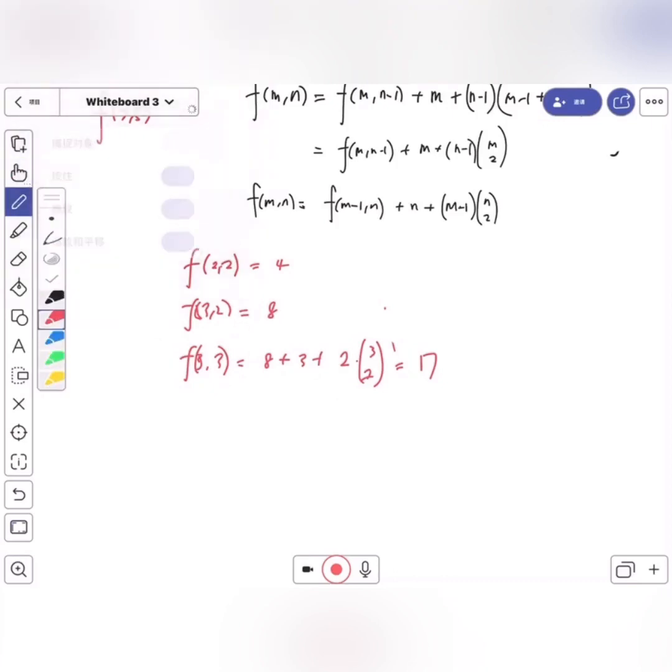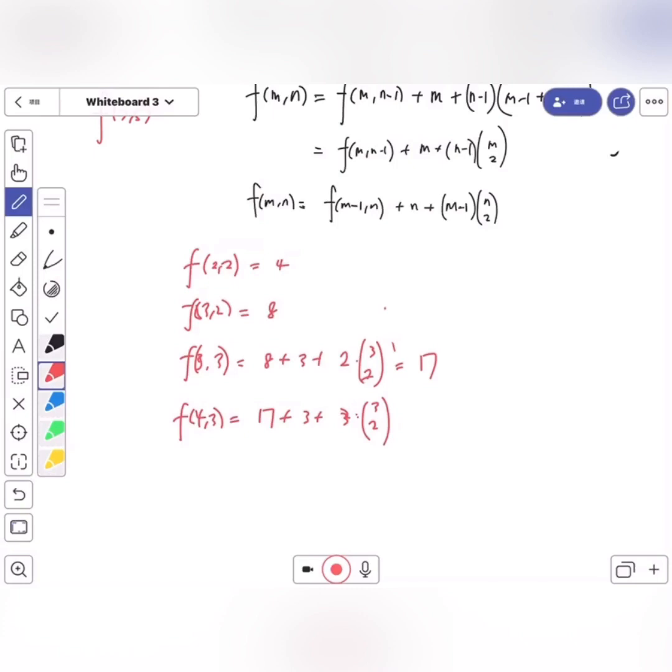So just going to brute force. f of 4, 3 is equal to 17 plus 3 plus 3 times 3 choose 2, which is 29.